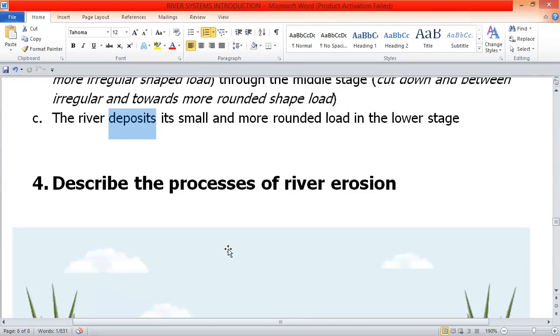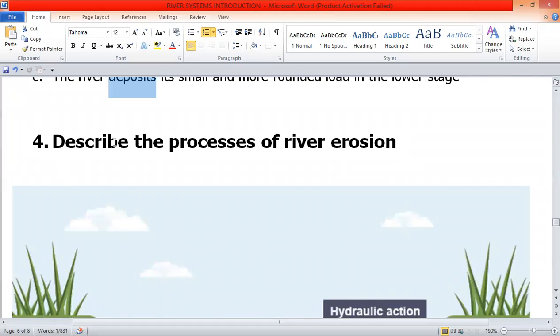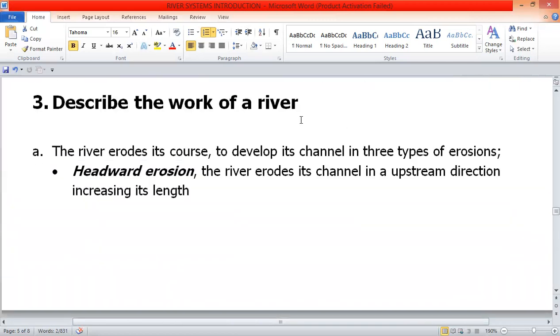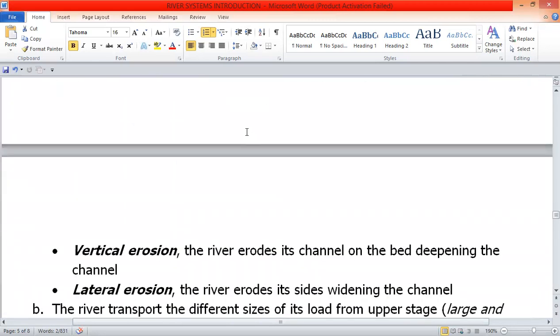Let's move on to describing the processes of river erosion. Please don't be confused. Somebody will say, we're talking about erosion again. Here, we talked about three ways a river erodes the channel.